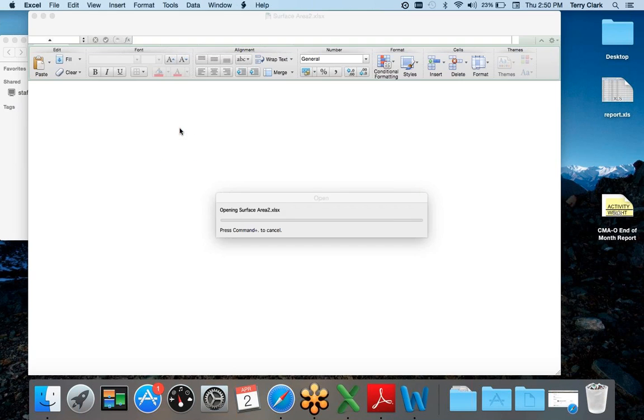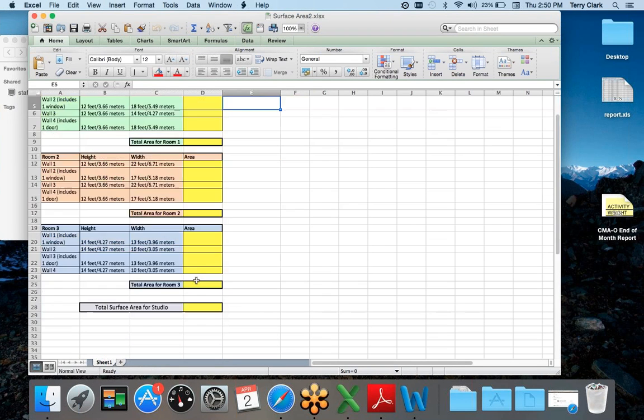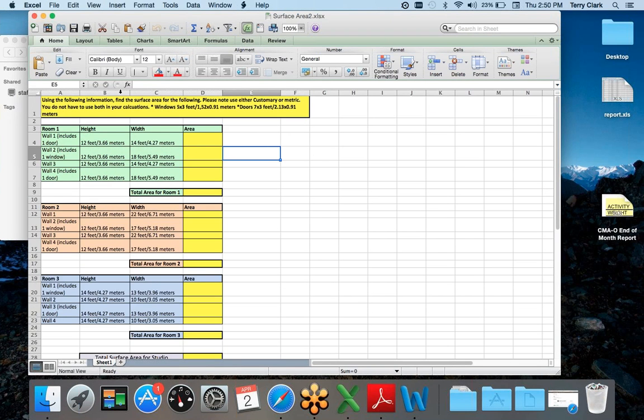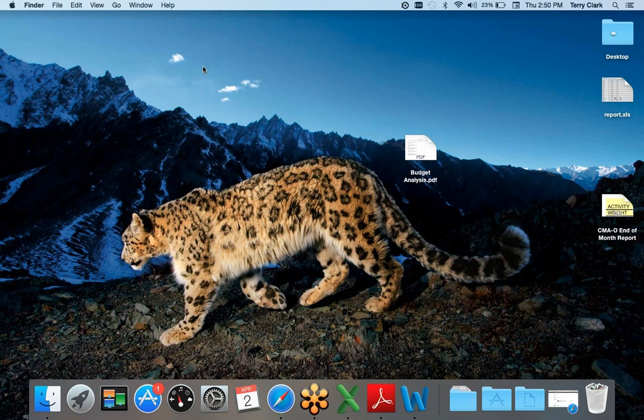Even the surface area layout is the same for both. We're just going to have different budgets and different layout designs, or other types of rooms, should I say.